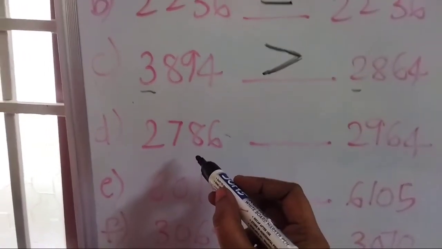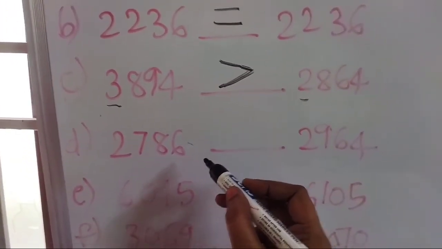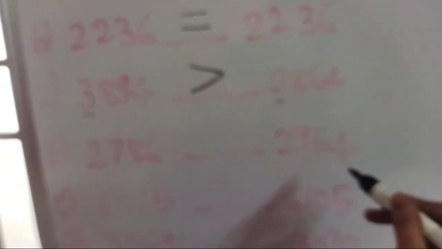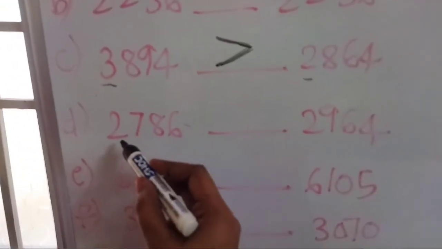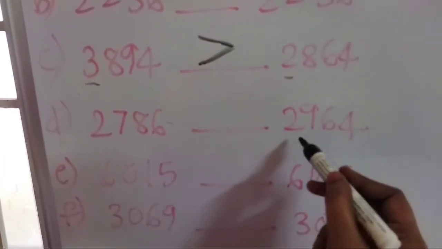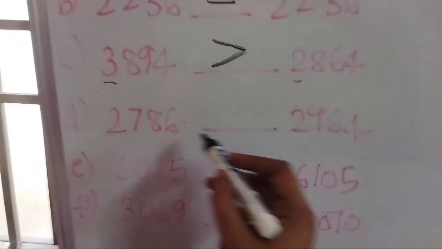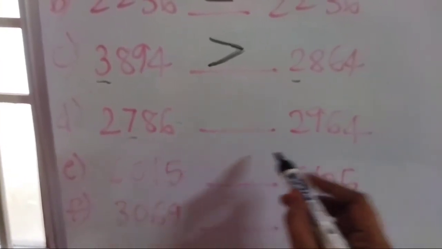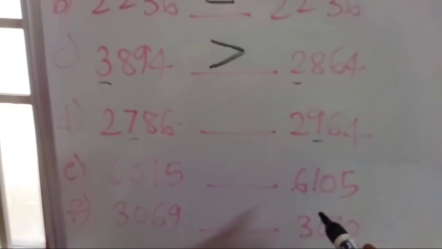See the next numbers, 2,786 and the second number is 2,964. Thousands place is the same in both numbers. So we go to hundreds place. In hundreds place, the first number is 7, the second number is 9.